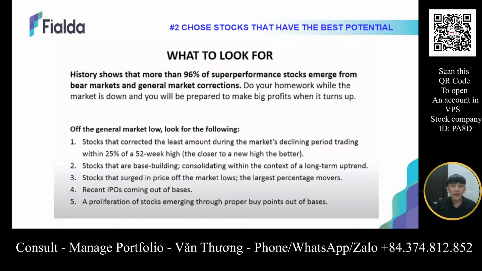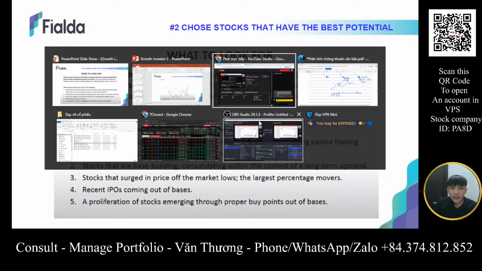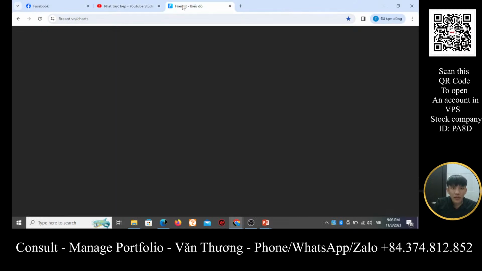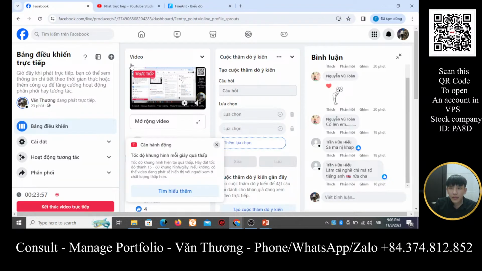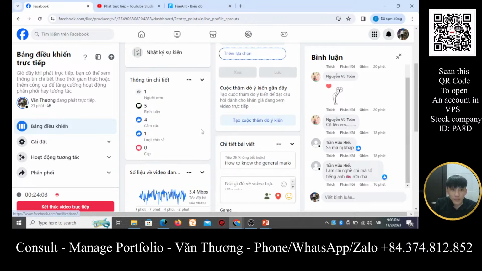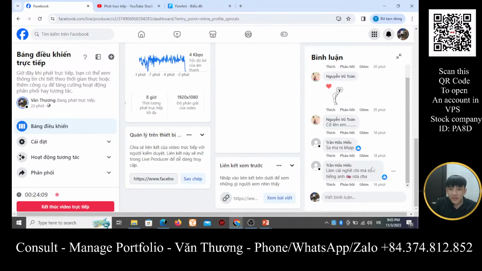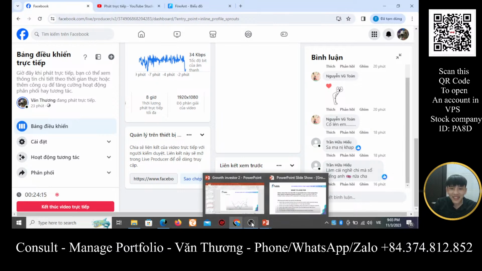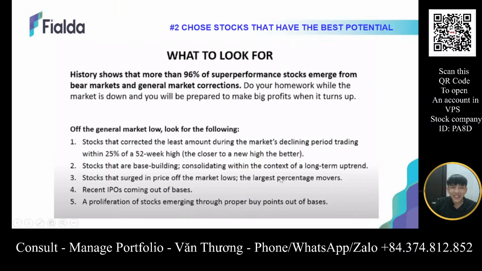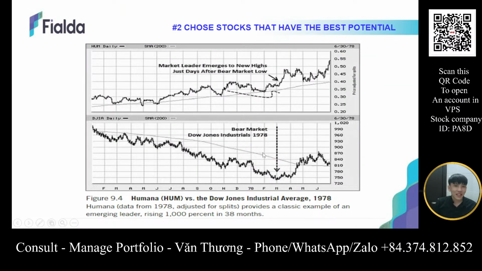Okay, and I'm going to give you a lot of examples to demonstrate it, examples of leader stocks in the new bull market.